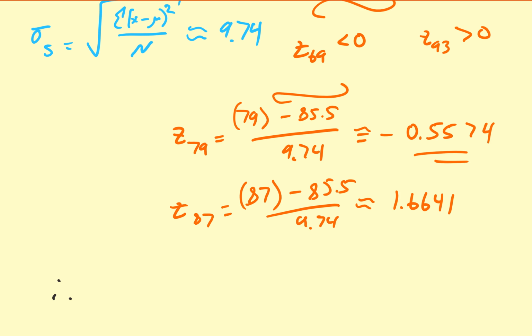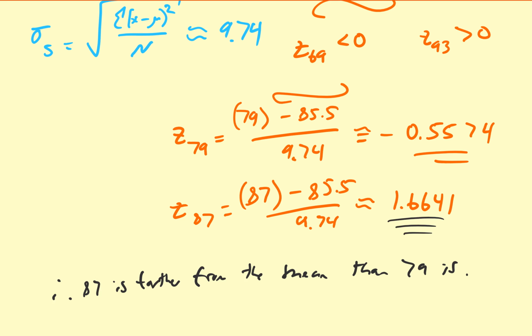So from here, I can say 87 is farther from the mean than 79 is. And how can I say that? Well, 1.6641 is farther from 0 than negative 0.5574.